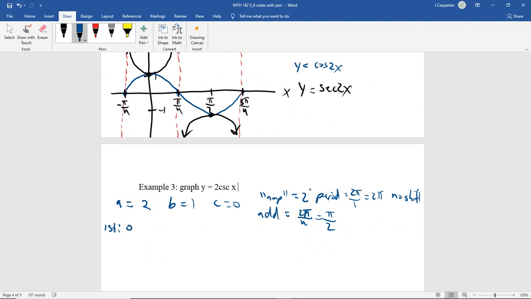The second, we take that one and we add pi over 2, which is pi over 2. To get the third, we take that pi over 2 and we add pi over 2 again. We just keep adding pi over 2. Pi over 2 plus pi over 2 is pi. It's 2 pi over 2, which is pi. I'm not going to show that reduction.